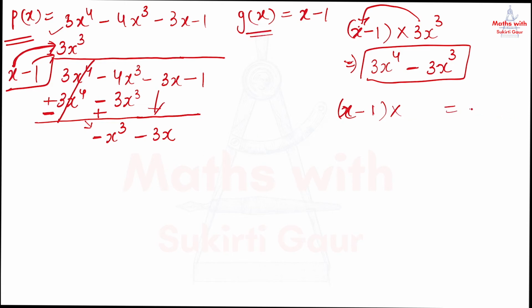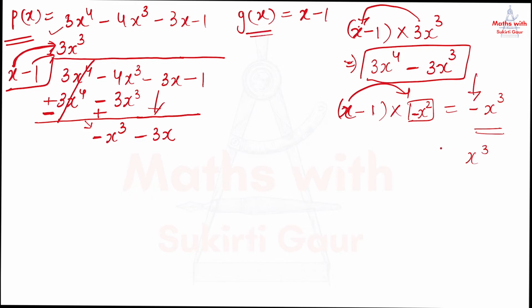We want to get minus x cube in the first term. So what am I going to multiply it with so that I get minus x cube? I am going to multiply it with minus x square. I'll be getting x into x square, that will be x cube, but I also want this minus sign, so it is simple.